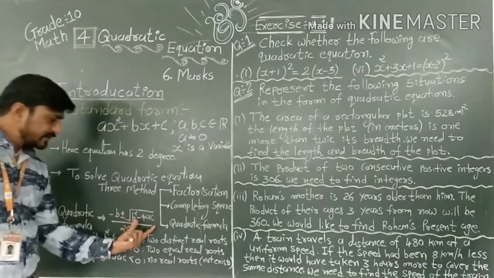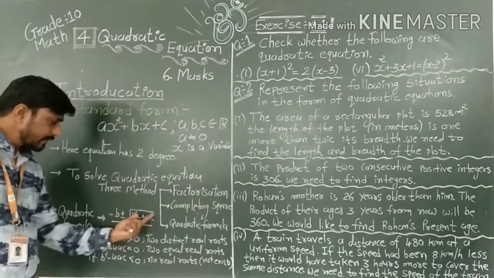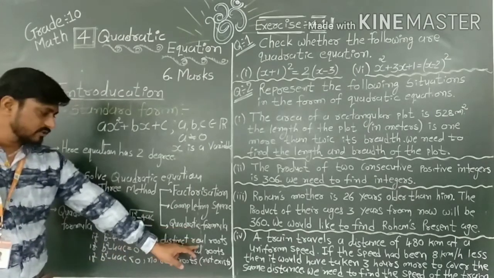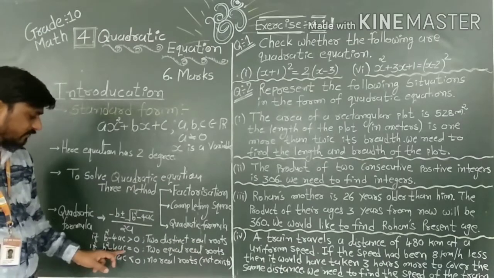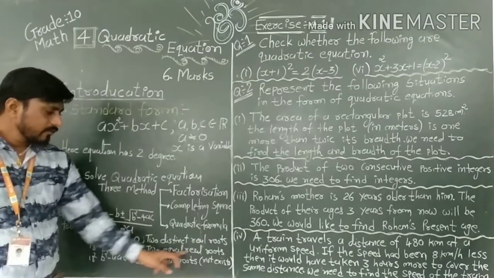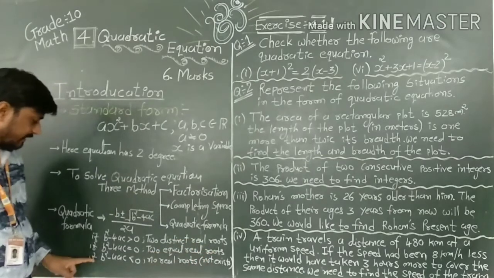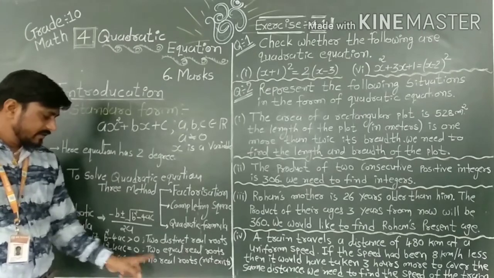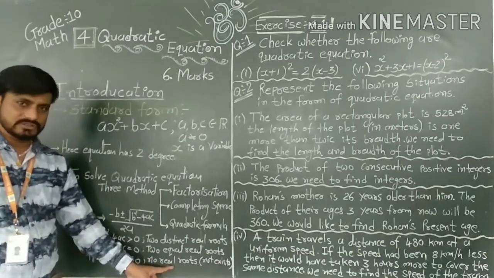If this term, that means b square minus 4ac, is greater than 0, it has 2 distinct real roots. If b square minus 4ac is equal to 0, it has 2 equal real roots. And if b square minus 4ac is less than 0, it has no real roots.